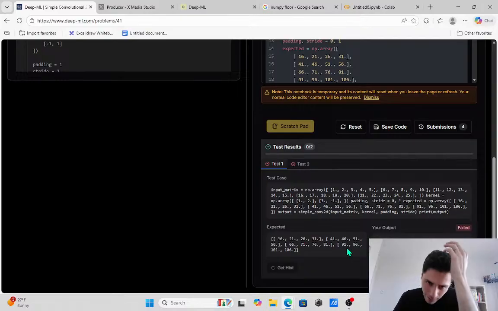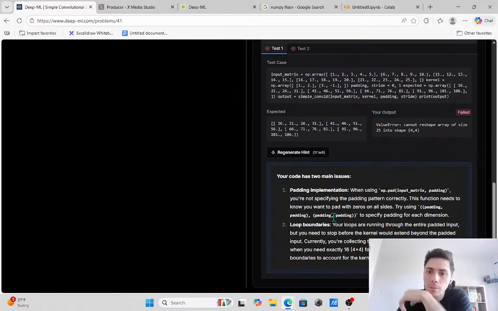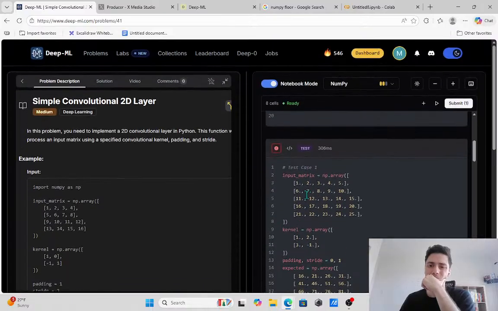I understand my current implementation is wrong. Where is it? Where am I messing up? Padding implementation. Okay, I'm doing that right. Loop boundaries. That's helpful.